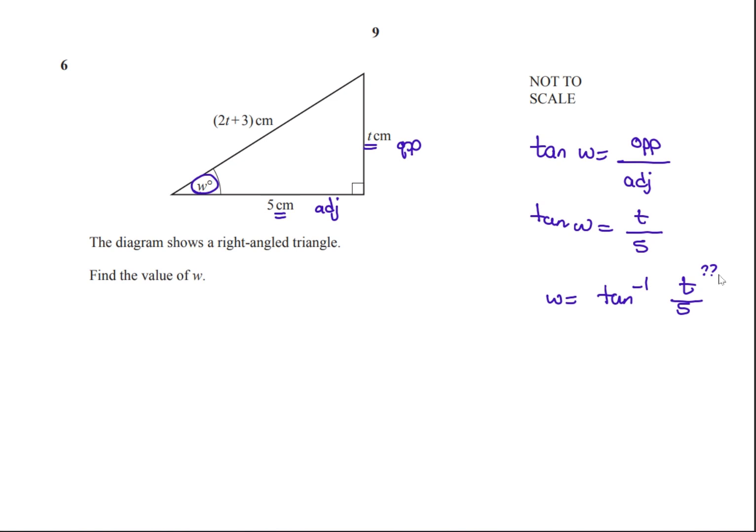Pythagoras is telling me that the hypotenuse power 2 equals the sum of the two other sides, each squared. Okay, so how to do this? I can do it 2t plus 3 multiplied by itself, or I can do it directly if I know the answer. T squared plus 5 squared equals what?